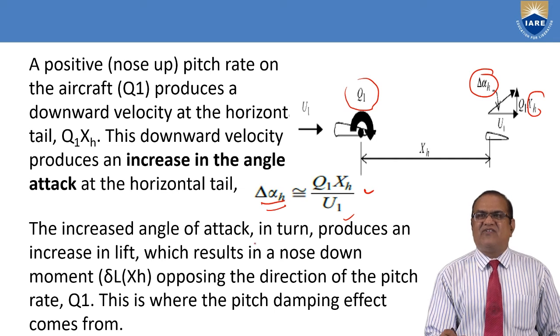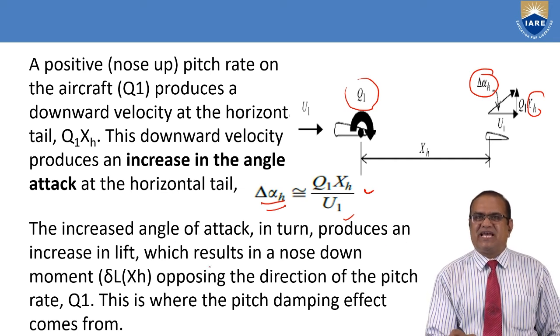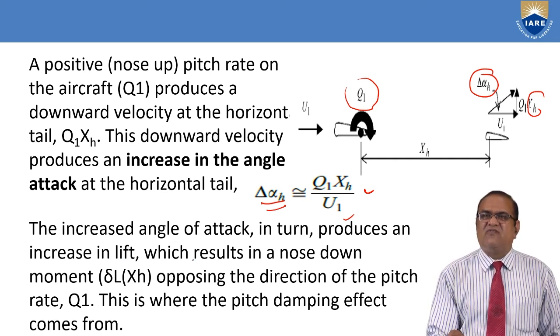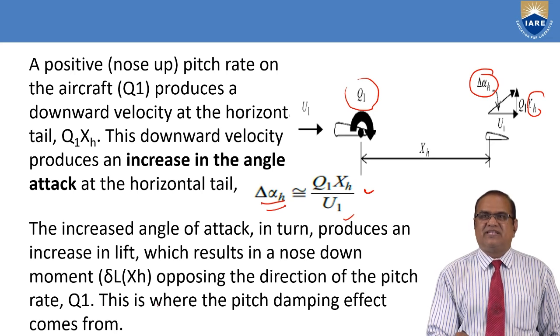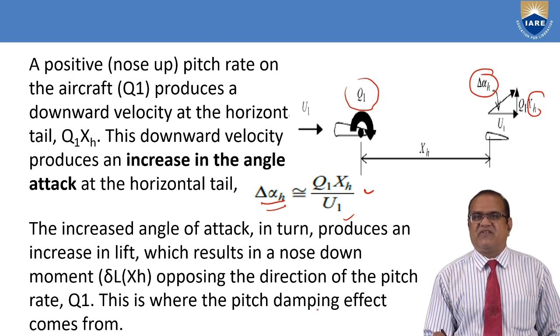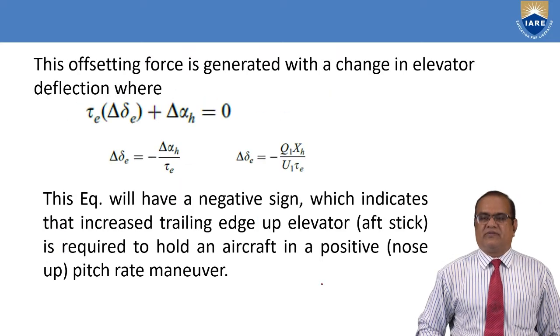The increased angle of attack in turn produces an increase in lift, which results in a nose down moment opposing the direction of the pitch rate Q1. This is where the pitch damping effect comes in.